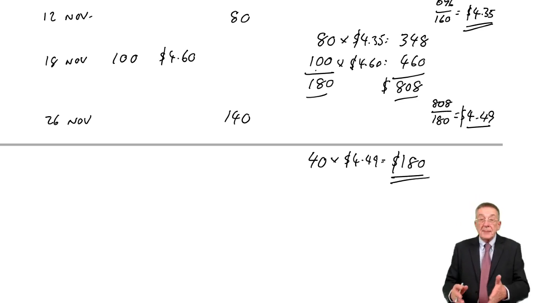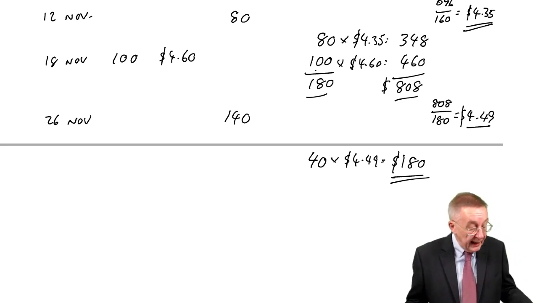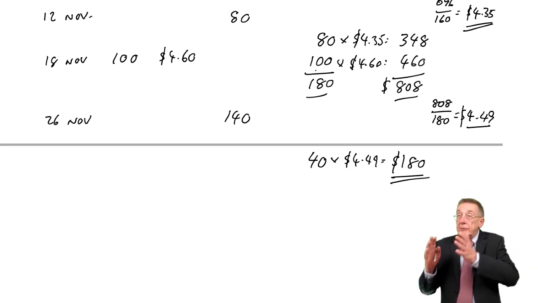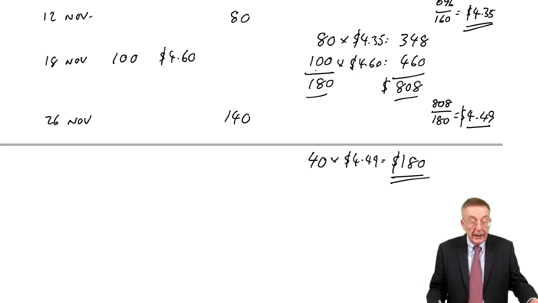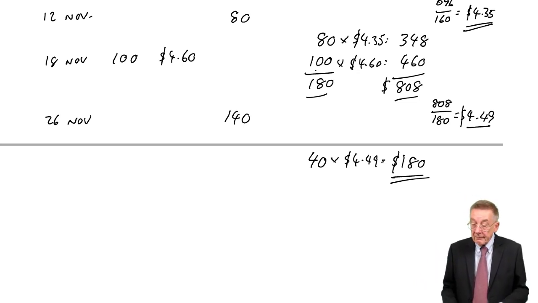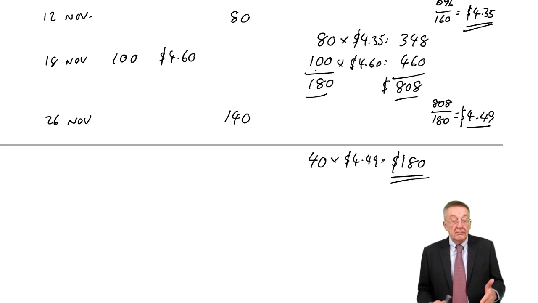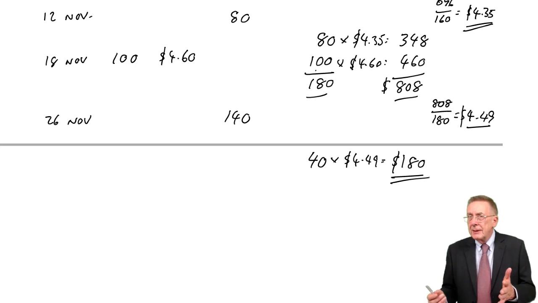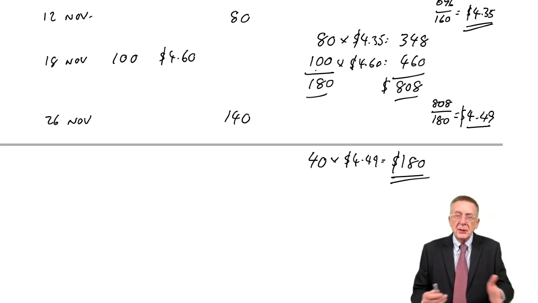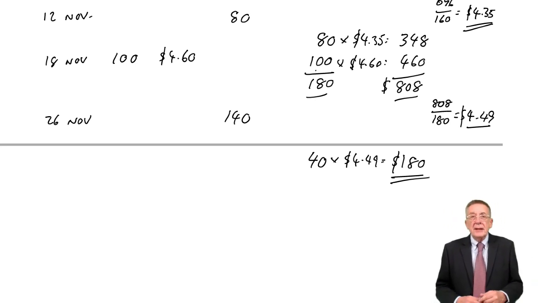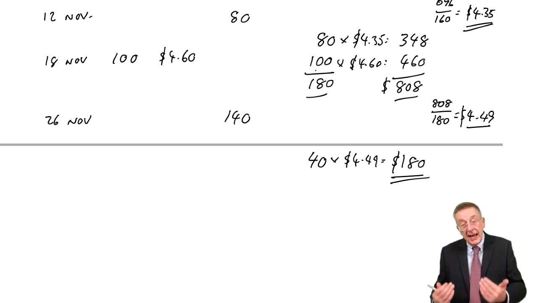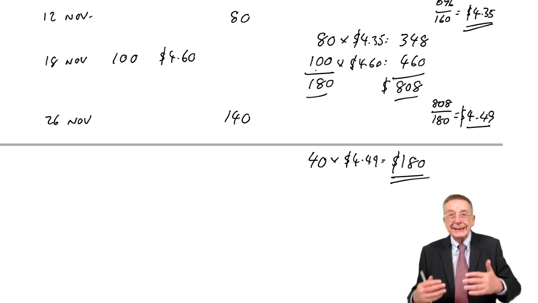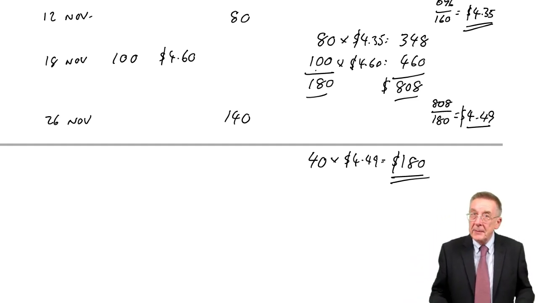Now, that is perhaps a bit messier. You know, in real life, obviously, you can have lots of receipts, lots of issues. Not in the exam. In the exam, this is the sort of level. But in real life, there's a lot more workings to do. But of course, with computers, it's not the problem. The computer can be doing that automatically, so that every time we issue any, those that are left are valued at the average cost of what was there immediately before we issued.